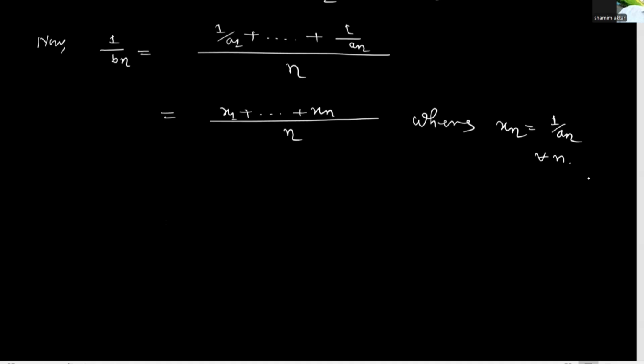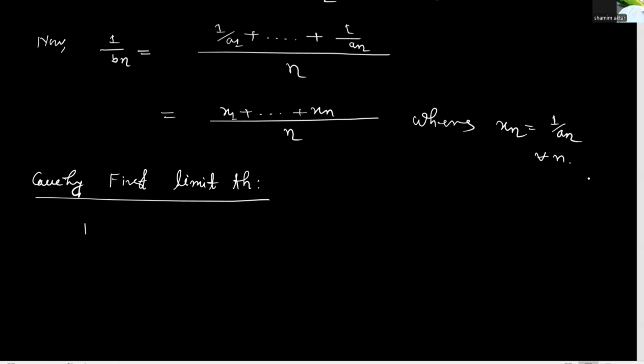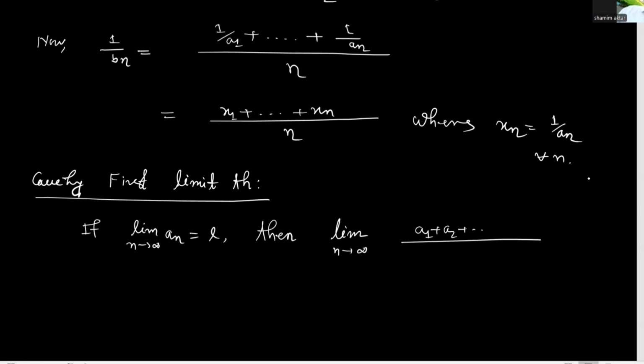And we know that by Cauchy's first limit theorem, if the limit as n tends to infinity of a_n equals L, then the limit as n tends to infinity of (a_1 + a_2 + ... + a_n) by n is also L.